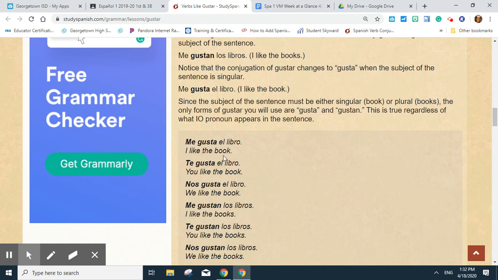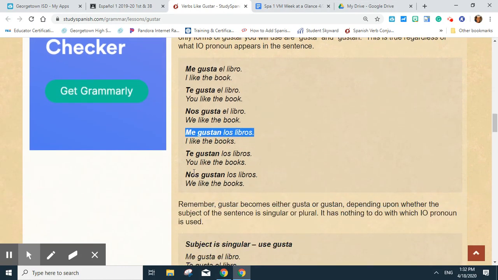I like the book. Me gusta el libro. You like the book. Te gusta el libro. We like the book. Nos gusta el libro. I like the books. Me gustan los libros. You like the books.